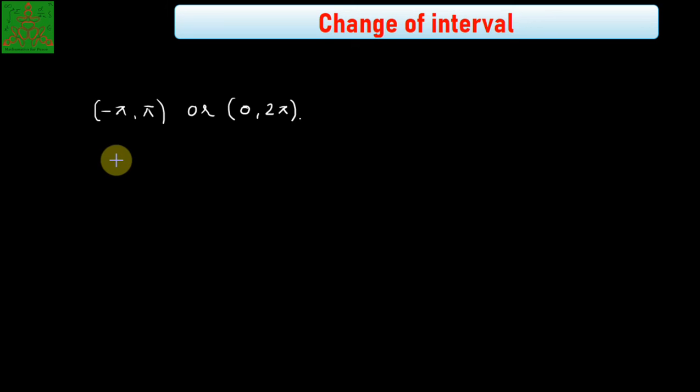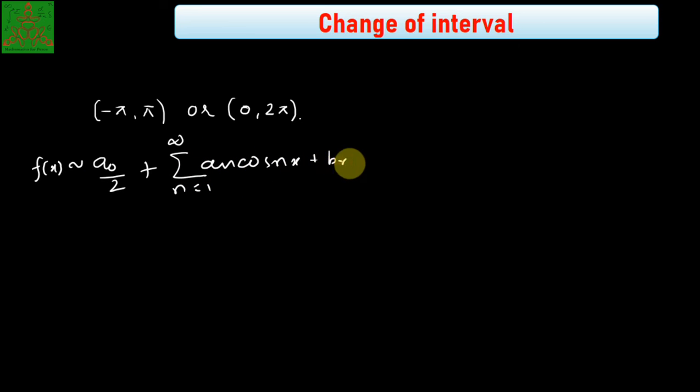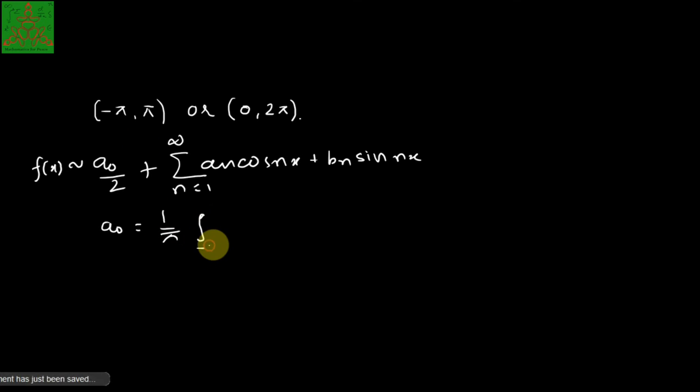The Fourier series of a 2 pi periodic function is represented as f of x is equal to a0 by 2 plus summation n running from 1 to infinity of an cos nx plus bn sin nx, where a0 is 1 upon pi integral of f of x dx. If the interval is minus pi to pi, then this limit is minus pi to pi.